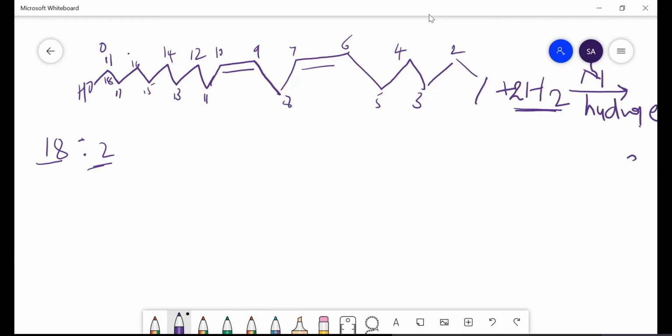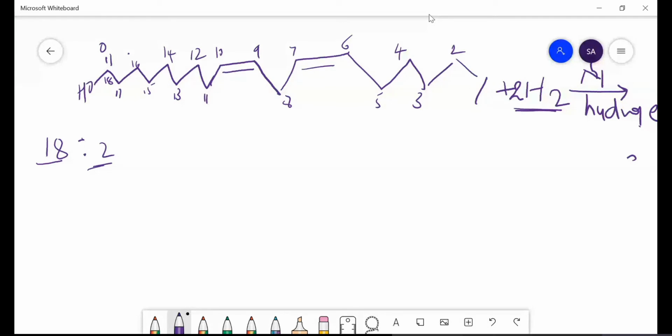Every carbon-carbon double bond needs a molecule of hydrogen. If I have one double bond, like in the case of oleic acid, I need one hydrogen. If I have 2 double bonds, I need 2 hydrogen molecules. If I have 3, I will need more hydrogen. If I have 4, 4, and likewise. So the double bonds will turn into single bonds.